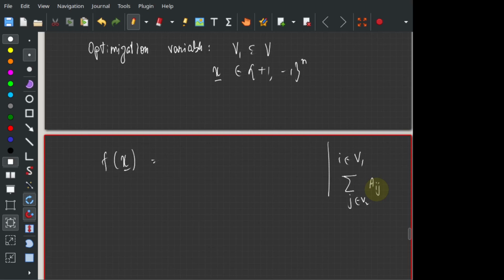That's fine, right? And what is the total number of edges going from V1 to V2? Very good. It's the sum over all i in V1, sum over all j in V2, Aij. Great. Now let's try to write this in terms of the optimization variable x.